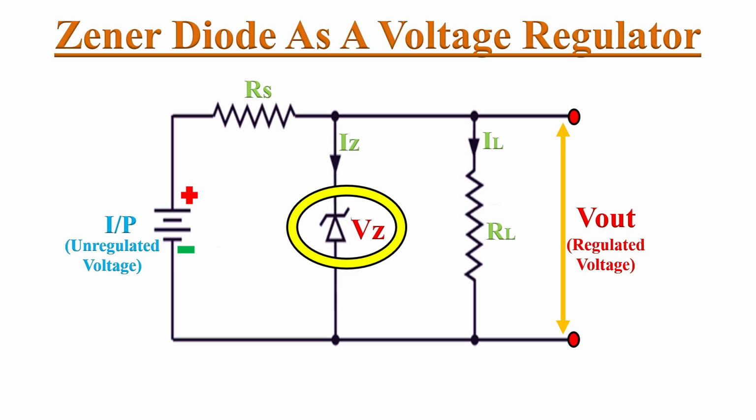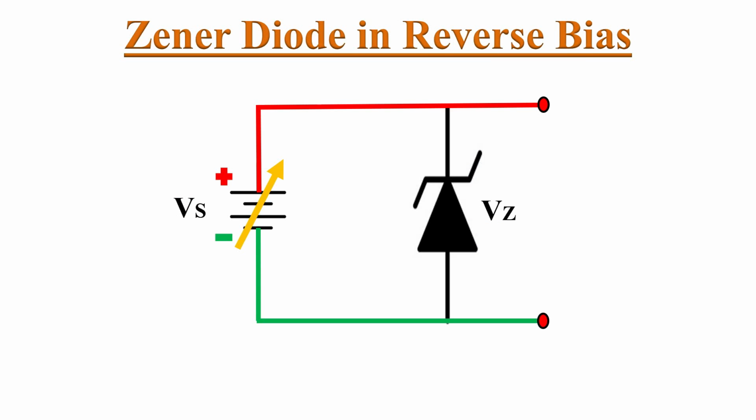Zener diodes can be used as a voltage regulator to produce stabilized output voltage. Whenever the Zener diode is connected in reverse bias, when the applied voltage is more than the Zener voltage, then the Zener diode will operate in the breakdown region. And if there is no current limiting resistor connected in series with this Zener diode, then due to excessive flow of current and excessive power dissipation, the Zener diode may get damaged.